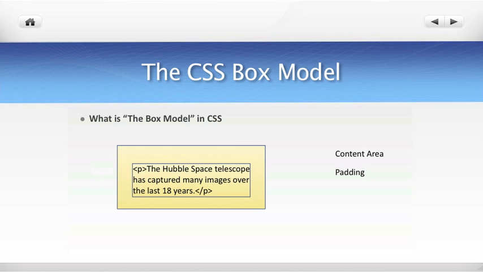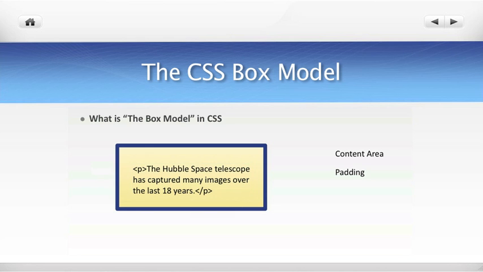Also, at that perimeter, spaced out at an increment that you define, you have the ability to define a border, which in this case I exaggerated with a shade of blue here to illustrate the point. So the space between your content area, in this example our paragraph element, and where our border is what's referred to as padding.